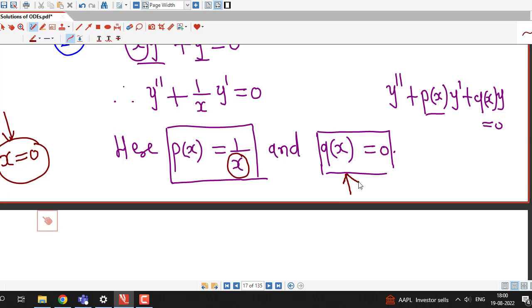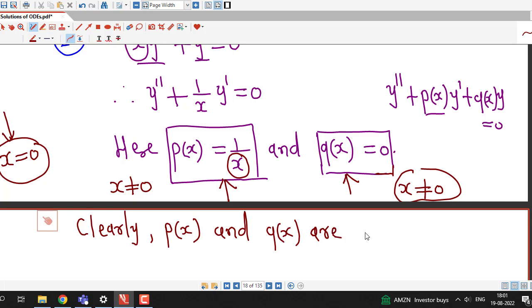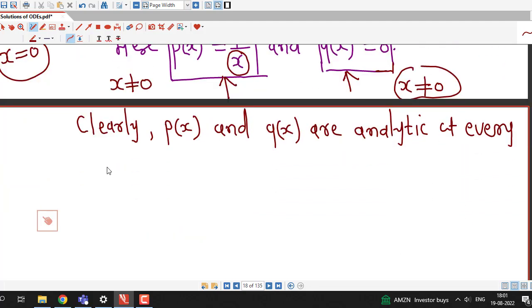q(x) is analytic everywhere, but we are interested in those points at which both are analytic. p(x) is analytic at every non-zero point, and q(x) is analytic at every point, so the common points at which both are analytic are the non-zero points. Clearly, p(x) and q(x) are analytic at every non-zero point.